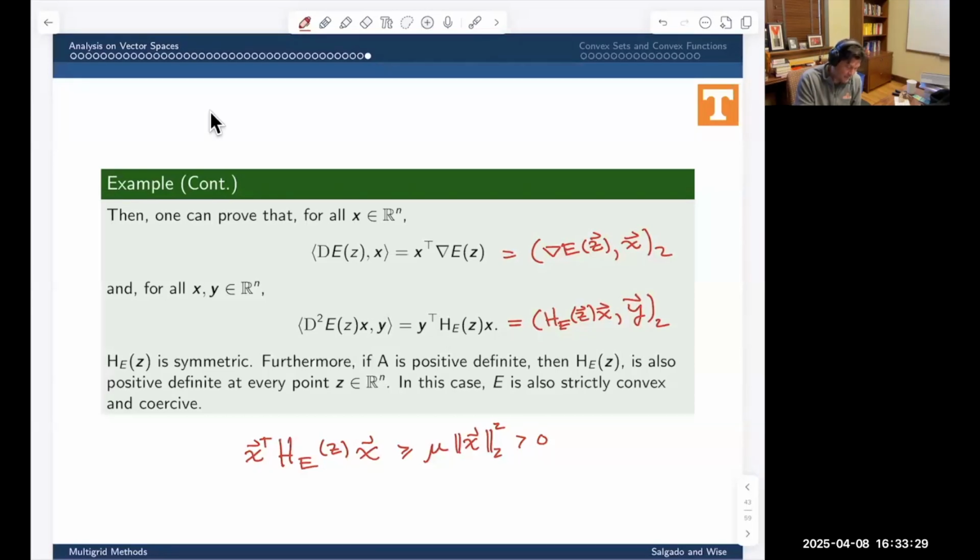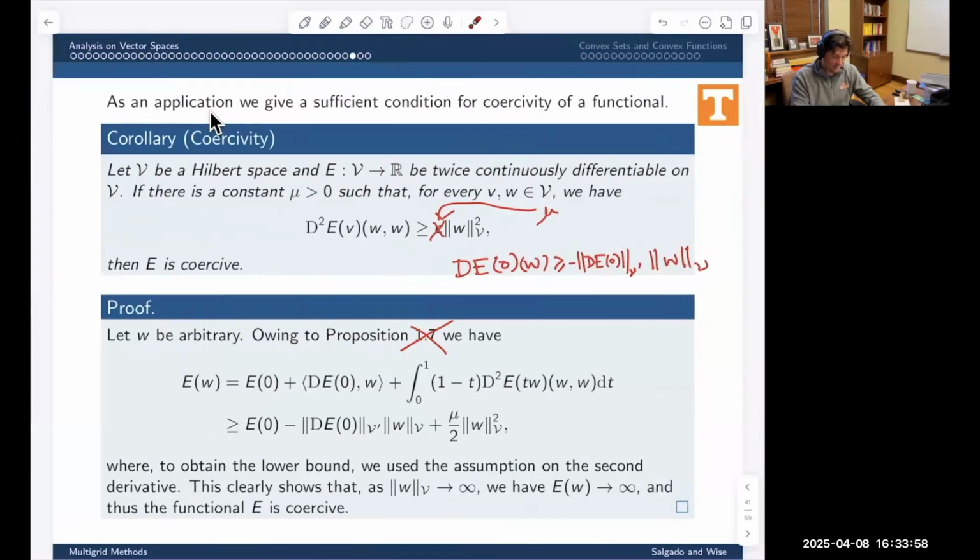Now, how do I prove something like this? What I can do is show that this is true with the smallest eigenvalue. So mu can be replaced with the smallest eigenvalue, and that's how you can do this proof. But we had a result not too long ago, in a slightly different way, and it's right here.